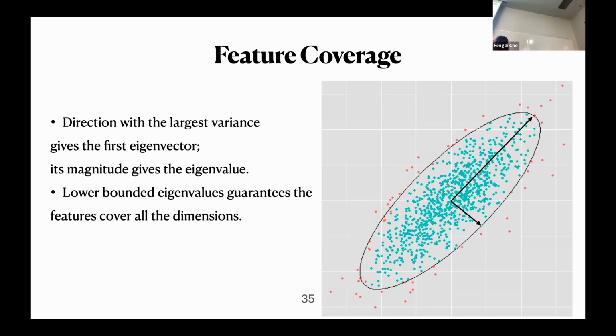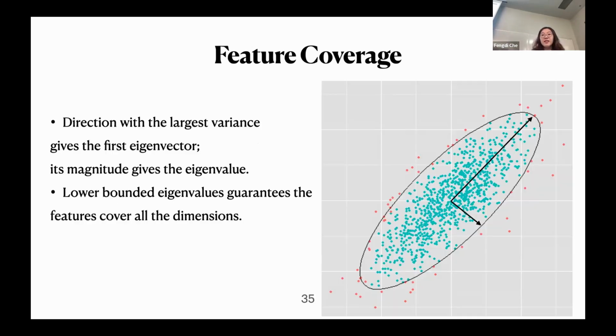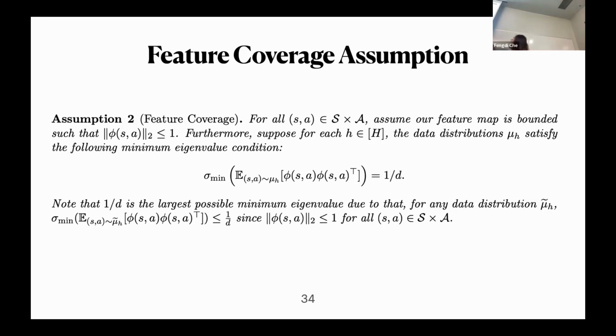So we will continue until the last eigenvector, which is the direction that gives the smallest variance. And here we say the smallest eigenvalue should be lower bounded, meaning the data should have enough variance in all directions. Then there shouldn't be a direction uncovered, which means if we write out the feature information matrix, we have our given data set, and we compute phi t for each data point.